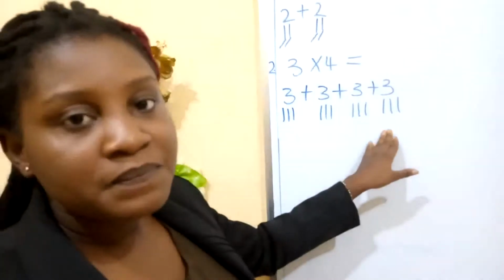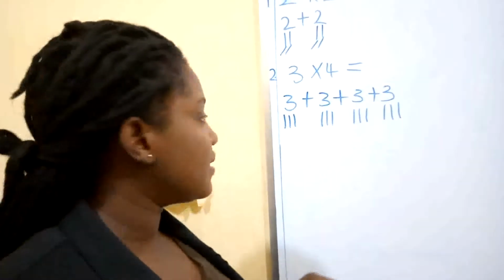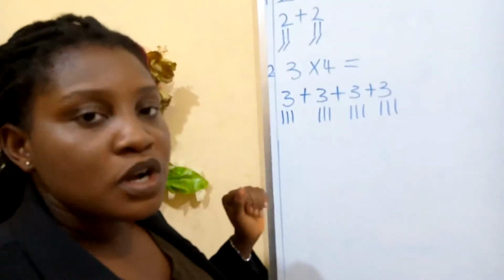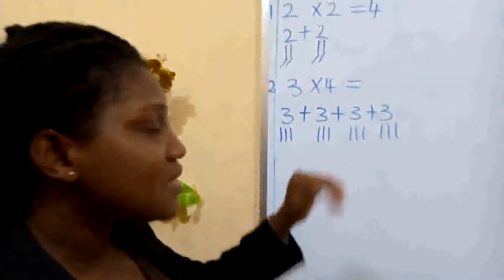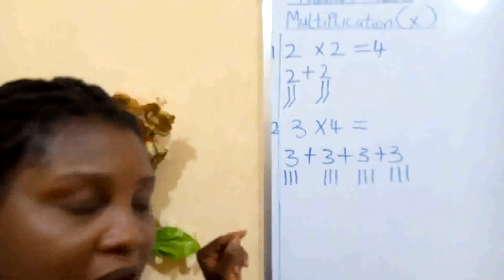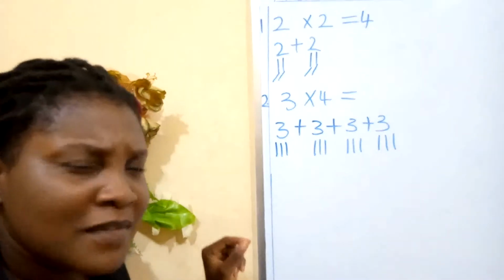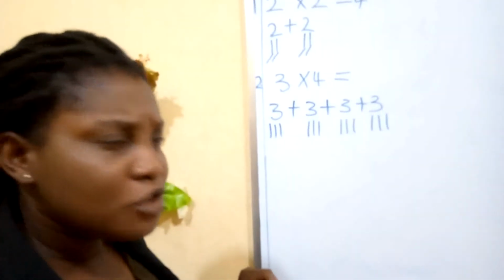Have you seen it? So now after that, we count all the strokes together. So now look at the board and tell me how many strokes are there. Are you seeing it? Look at it closely. How many strokes did Auntie write on the board? Beautiful. You are correct.